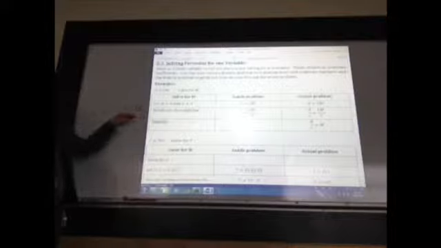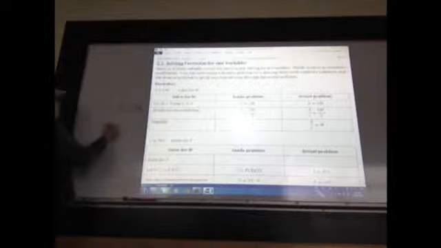That's great if I'm given current times resistance and I want to find voltage. But what if I'm given voltage and resistance and I need to find current? Then I need to have current I in terms of V, voltage, and resistance. Or if I'm given voltage and current and I want to find resistance, then I need to find resistance R in terms of voltage and current.